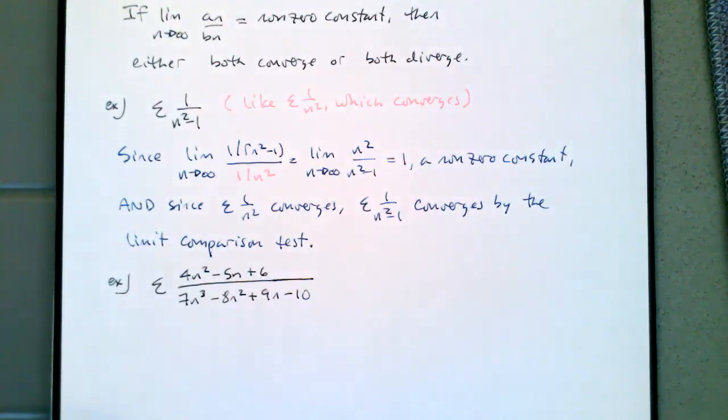If we look at what matters in the numerator and the denominator, the numerator is a 4n squared. The denominator is a 7n to the third. Minus 5n and plus 6, when n is very large, plus 6 is not going to matter. When n is 10 billion, the 50 billion is not even going to matter. That's nothing compared to 4 times a billion squared.